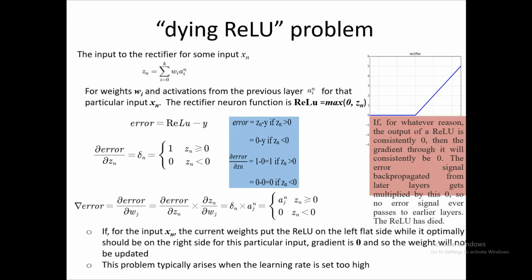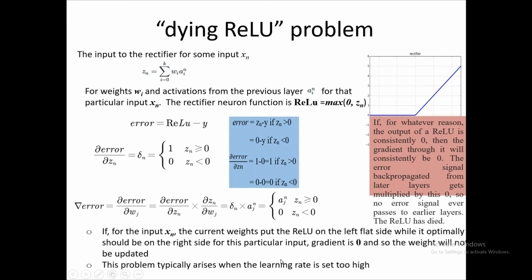For whatever reason, if the output of ReLU is consistently 0, then the gradient through it will be consistently 0. Then the error signal backpropagated from the later layers gets multiplied by this 0. So no error signal ever passes to the earlier layers, and the ReLU is dead, or we say the ReLU has died. This problem typically arises when the learning rate is set too high.